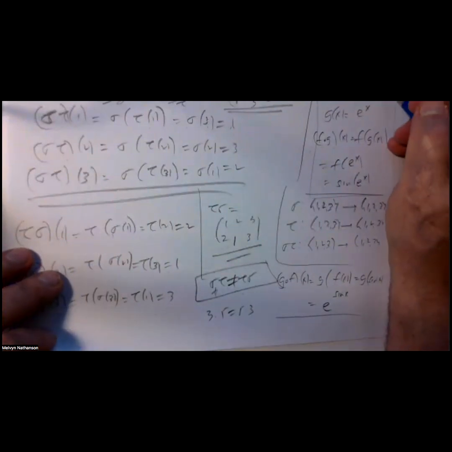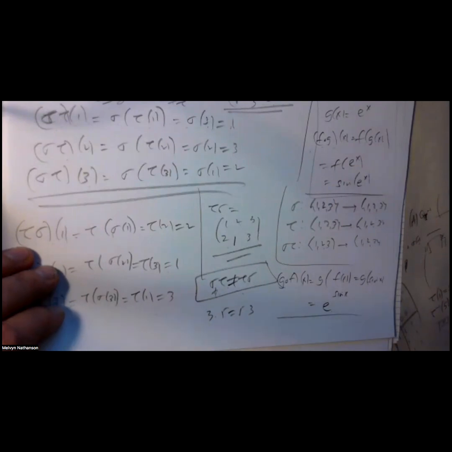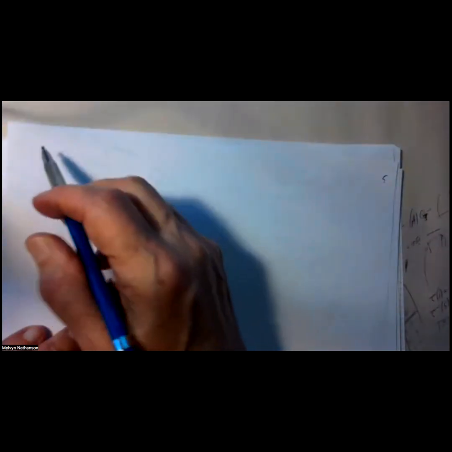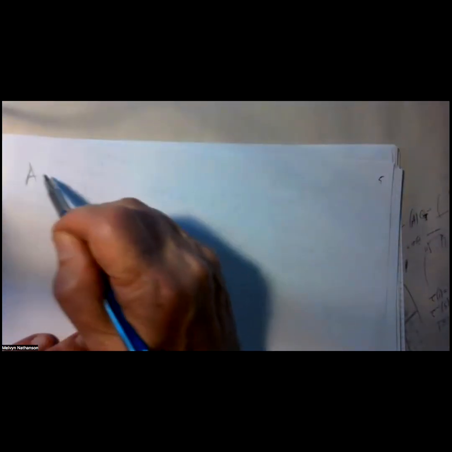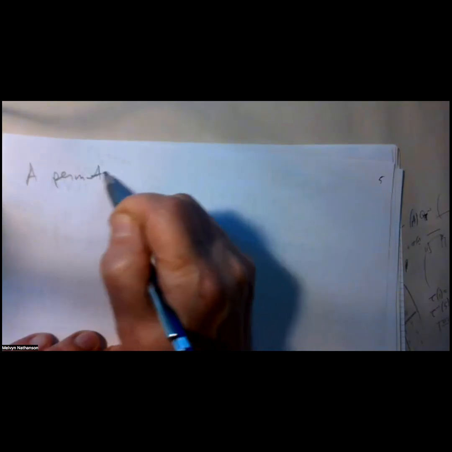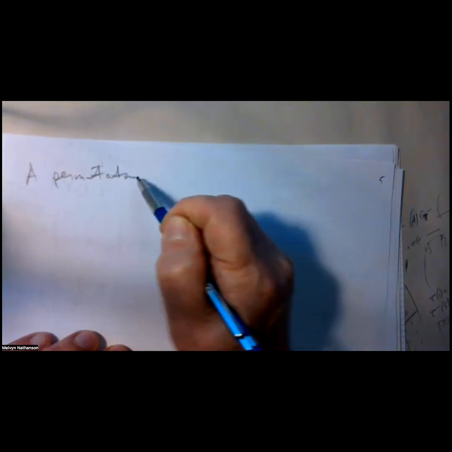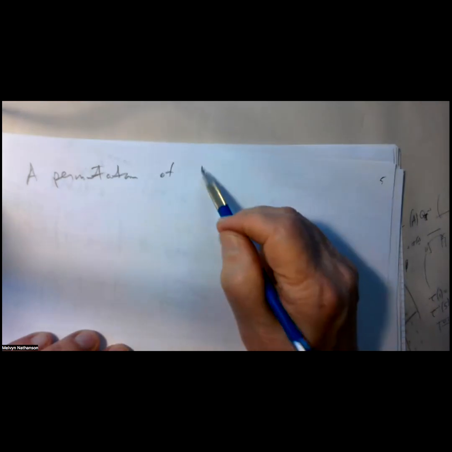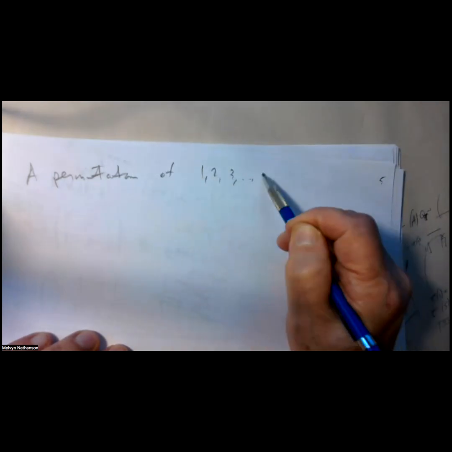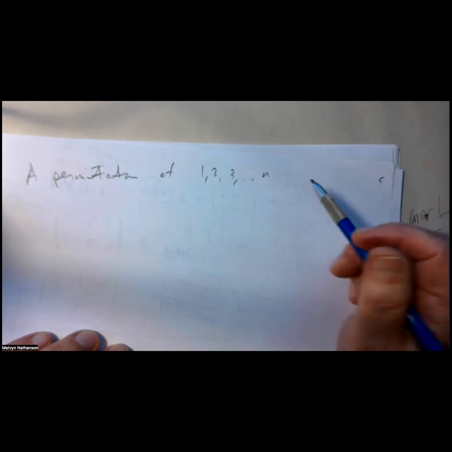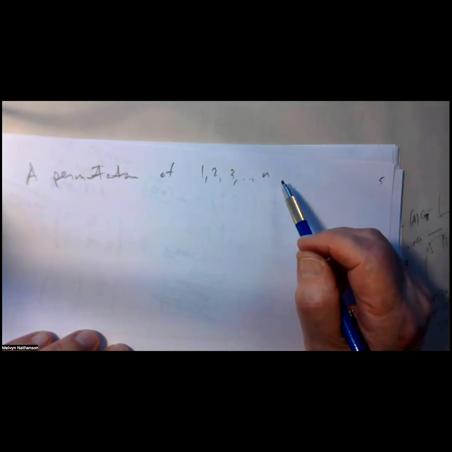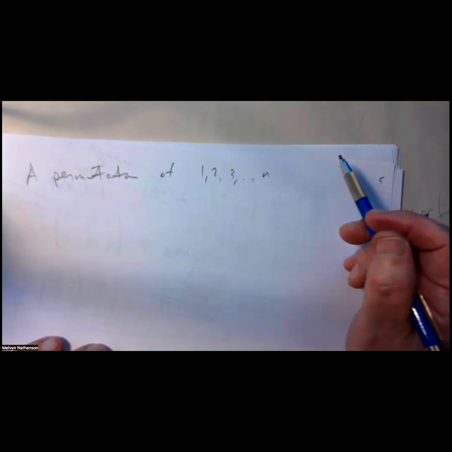Let's say a little bit more about our notation for writing permutations. A permutation of n objects, and we'll usually just take the numbers 1 up to n as the objects, is a function. Basically, it's a function from the set to itself.